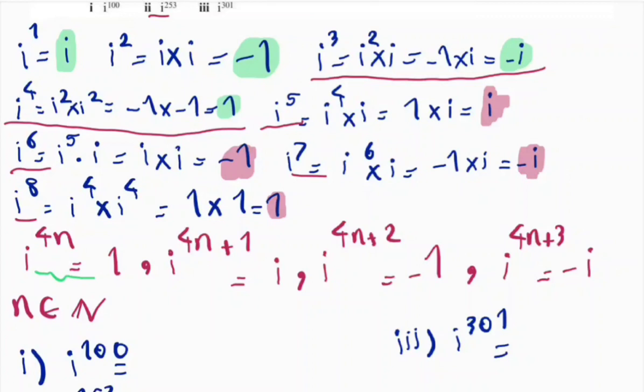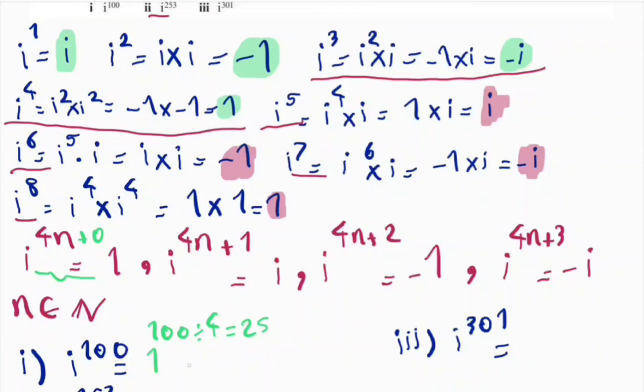We do the power divided by 4, and then based on the remainder we get, we can see which of these cases is true. For example, when you have 4n, that's when your remainder is 0. And we know that 100 divided by 4 gives us 25, which has a remainder of 0. In that case, this is the first form, and we can simply write down that this is 1. That's it.